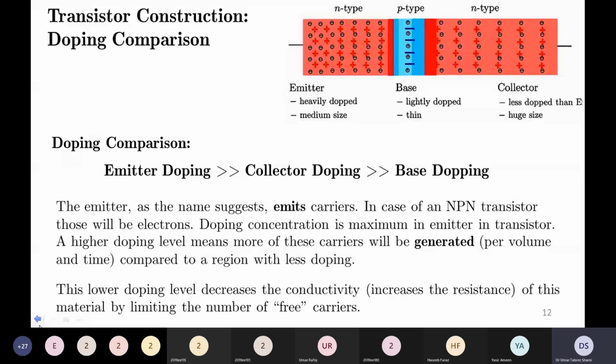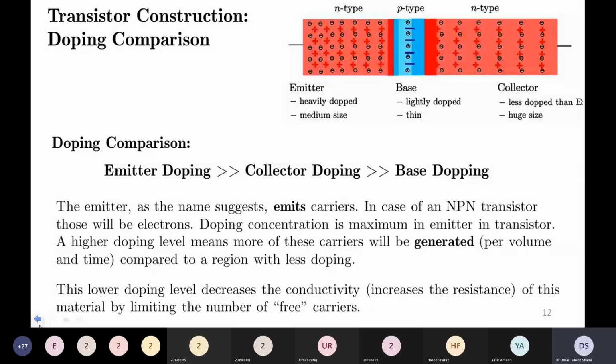A higher doping level means more of these carriers will be generated per volume and time compared to a region with less doping. So higher doping means that we create more charge carriers. The lower doping level decreases the conductivity and increases the resistance of this material by limiting the number of free carriers.